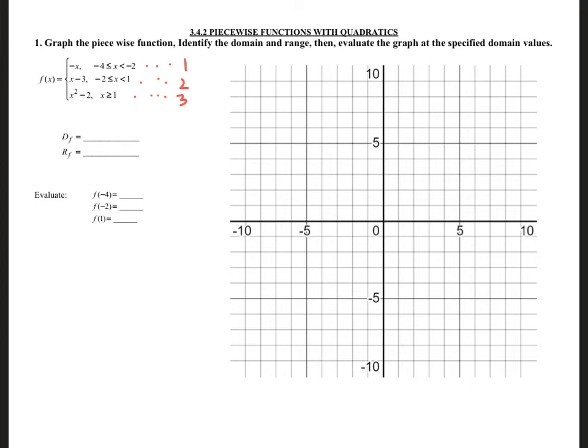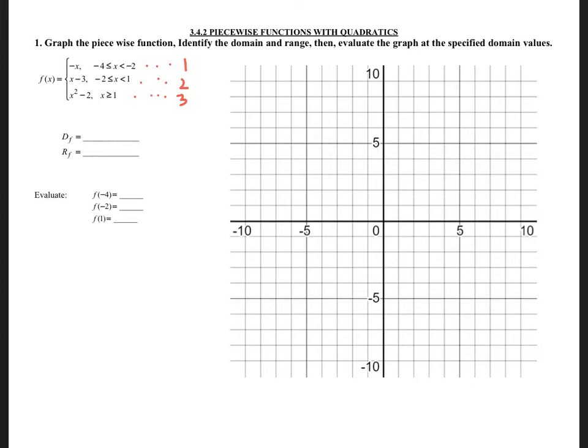If I start with the first one, since I'm given the endpoints, it's a line segment, so I just need to plug in the points. When x is -4, I plug it into the equation, I get 4.